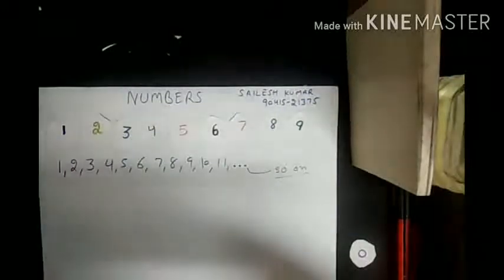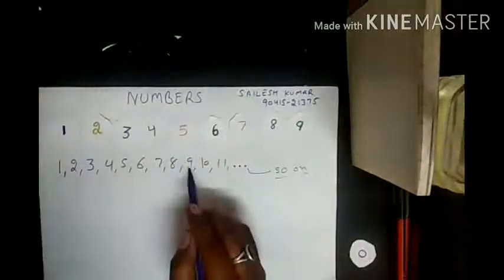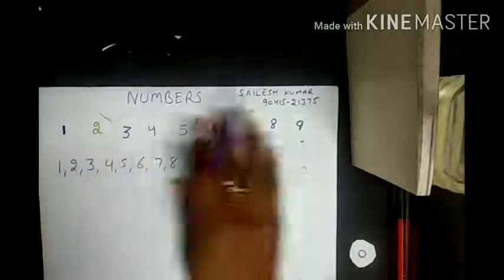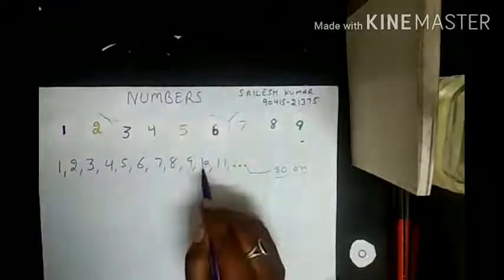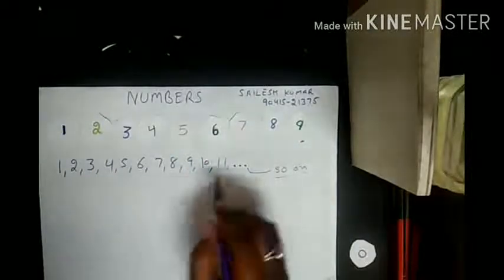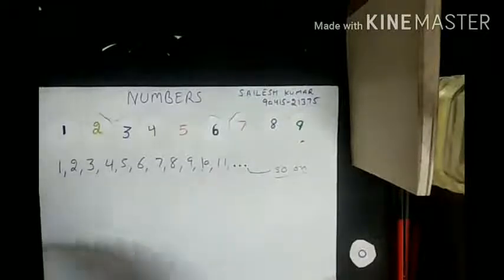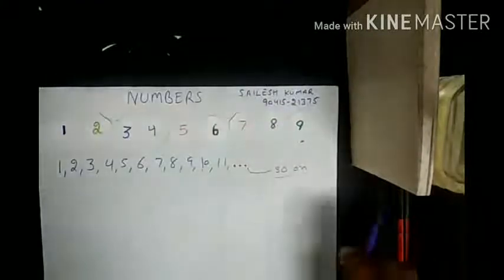In this system you will see that after 9, I will have to select 2 digits from this group. Just like here, if I have to write 10, then I will have to select 1 and 0.